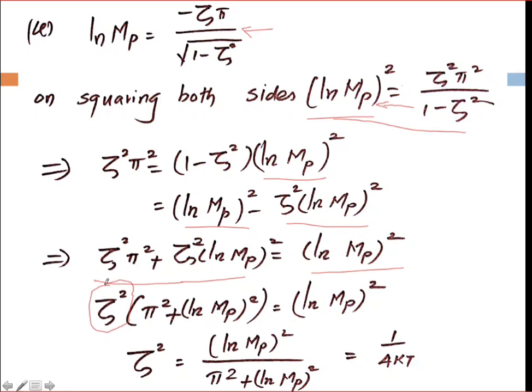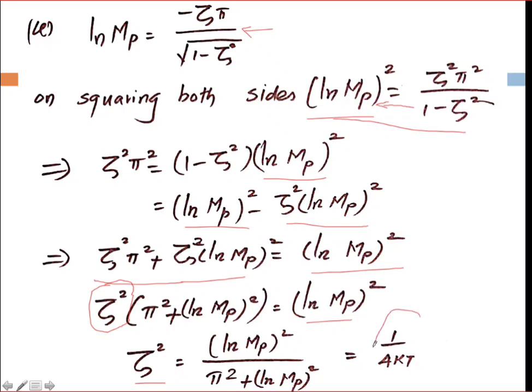When you take zeta square outside, we have pi square plus (natural logarithm of Mp) the whole square, which is equal to (natural logarithm of Mp) the whole square. So now we have to divide it. So zeta square is equal to (natural logarithm of Mp) the whole square divided by pi square plus (natural logarithm of Mp) square, which is equal to 1 divided by 4kt.